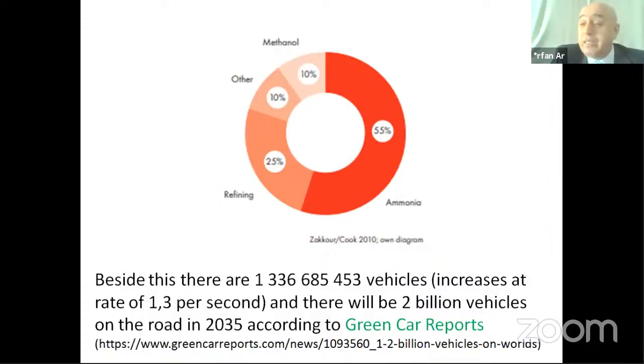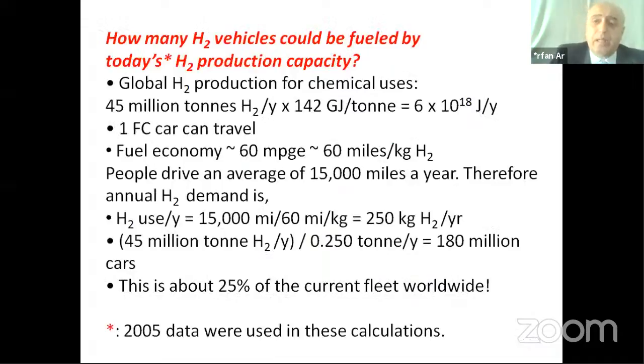Therefore, there will need to be new renewable, environmentally friendly technologies in order to produce hydrogen. In order to understand how many tons of hydrogen are needed if all vehicles in the world are converted to fuel cell vehicles.